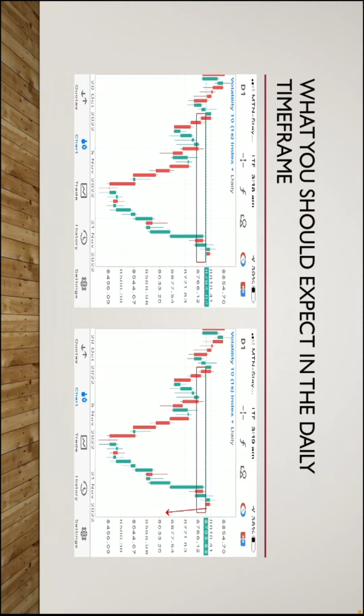Now, if it's going to provide a correction, we would definitely see a break of this demand or support zone. And once the market breaks this support zone, we might be expecting a retest and then a downward movement. Understand? But that aside, it's because of the weekly time frame.